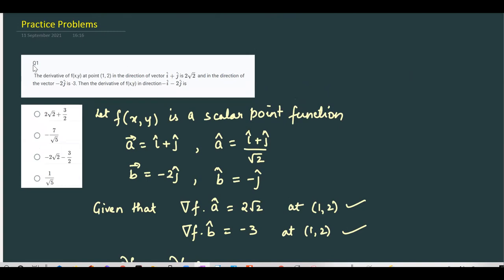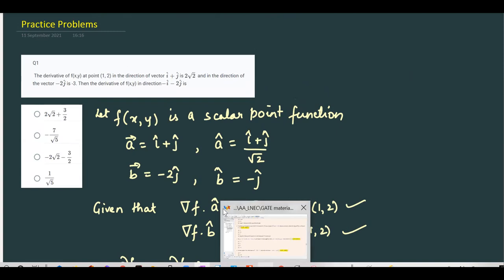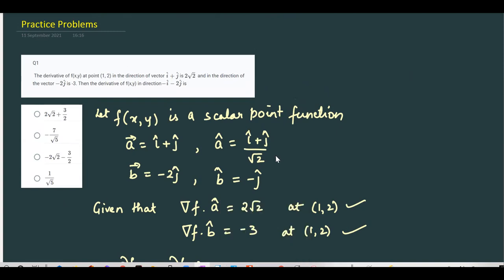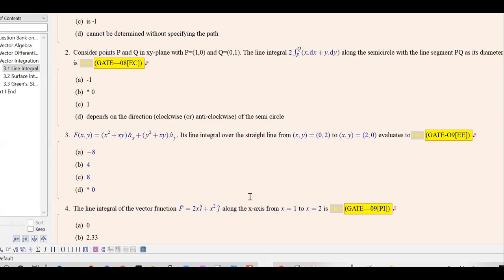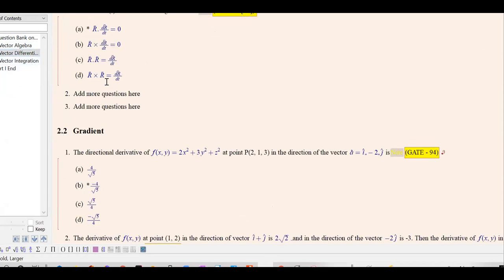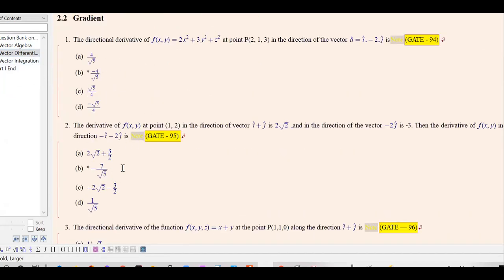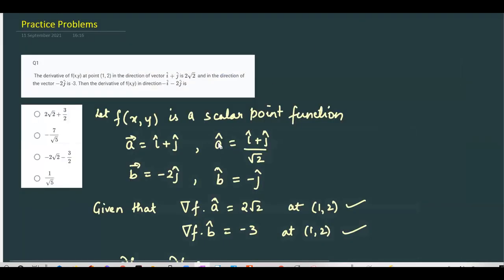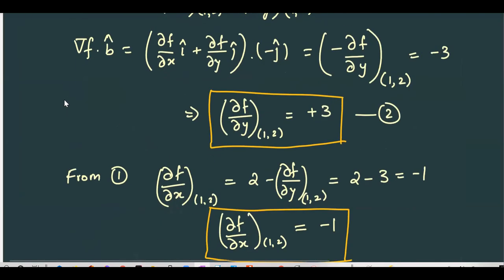The correct answer given is minus 7 upon root 5. Let me see. Minus 7 upon root 5 is the correct one. So I think then this should be plus 3. Maybe a typo in the question. If this is plus 3, then the answer comes out to be correct.